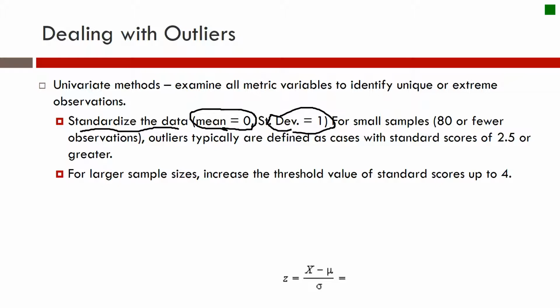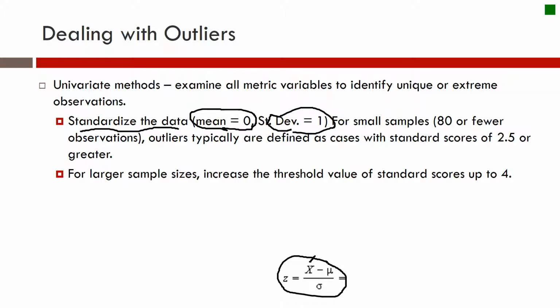The way we do that is we compute the z-score for each response, where we take the individual's response, subtract from it the mean of the variable, and then divide by the standard deviation, and that gives the z-score, or the standardized score, for that variable.